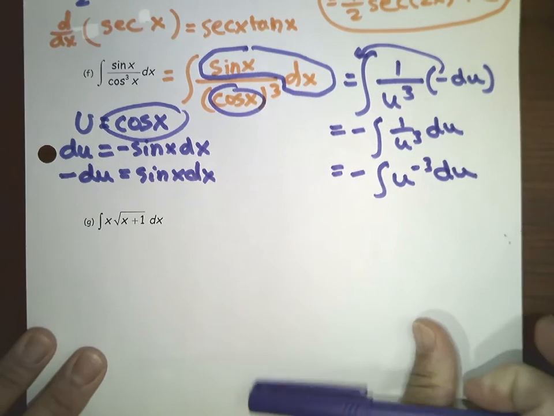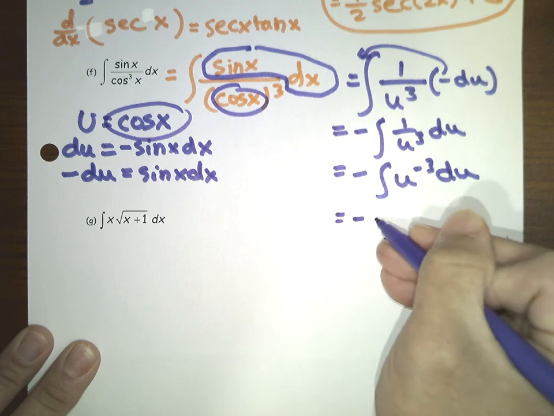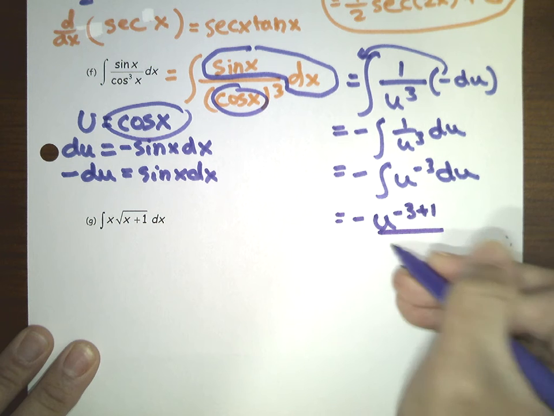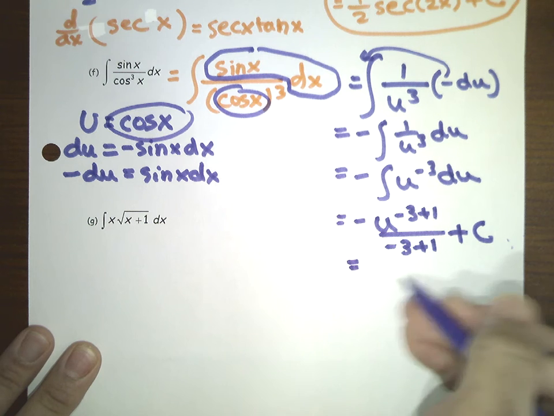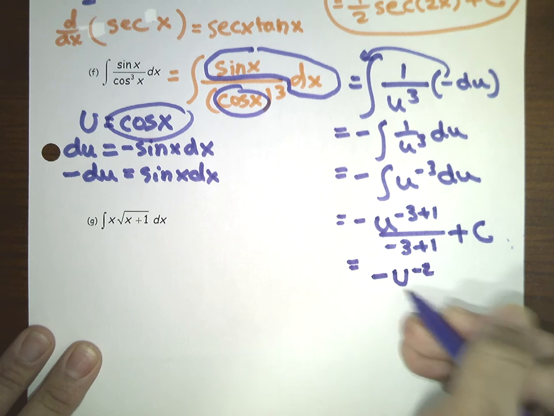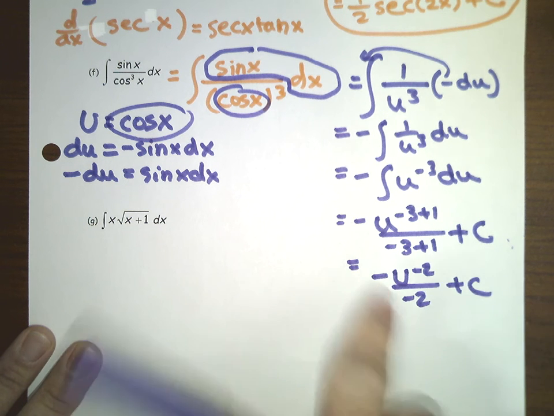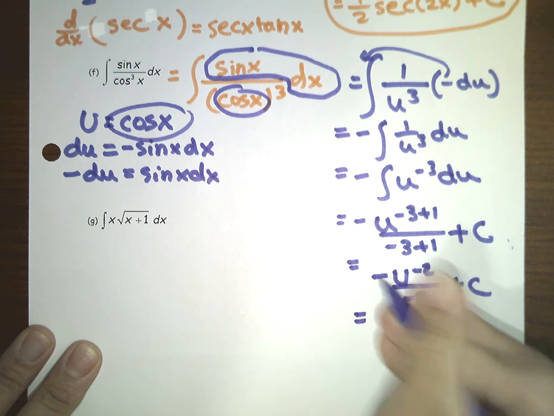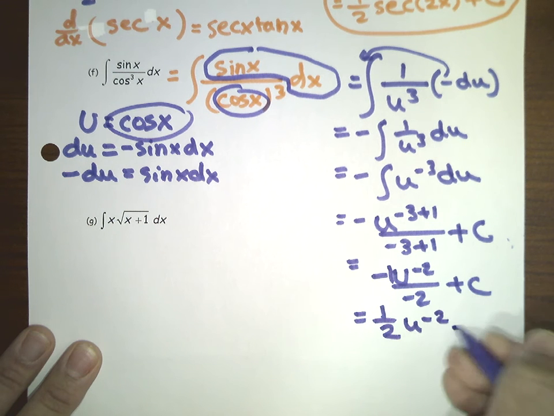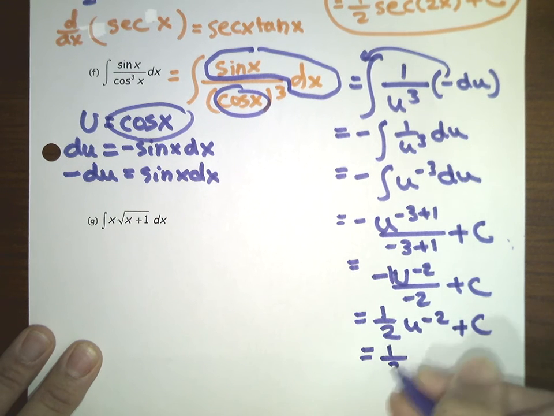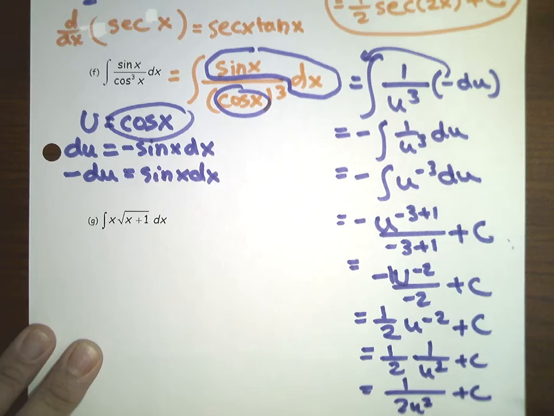And now I can just go ahead and use the power rule for integrals. So I have negative u to the -3 plus 1 over -3 plus 1 plus c, but -3 plus 1 is -2, so I have negative u to the -2 over -2 plus c. But again, the negatives cancel, so I have 1/2 u to the -2 plus c, or I can write that as 1/2 times 1 over u squared plus c, or just 1 over 2u squared plus c.